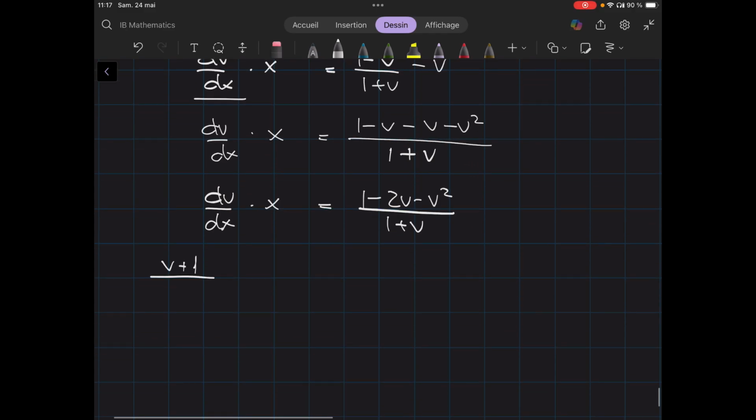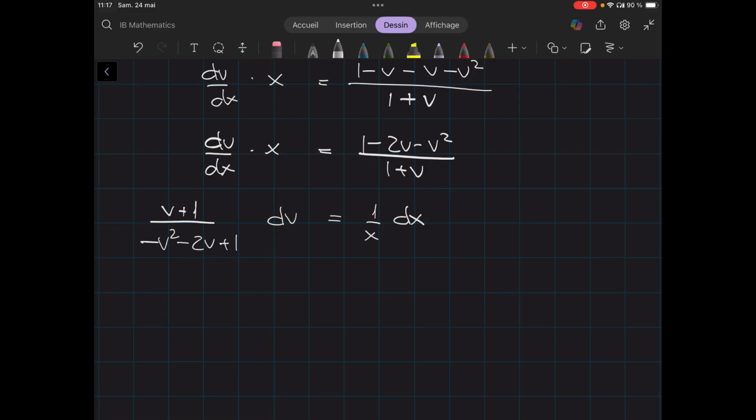And now we're going to solve this equation using separable variables. I don't like to deal with a negative sign downstairs, so I'm going to multiply both sides of this equation by -1.